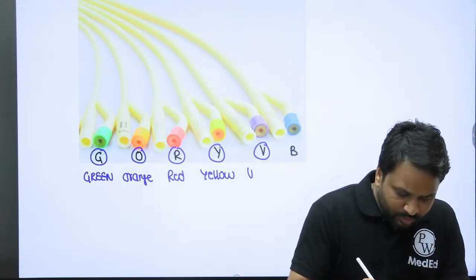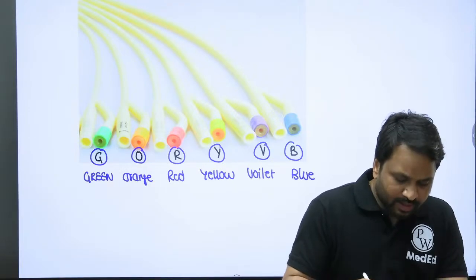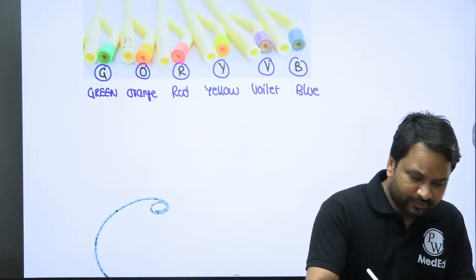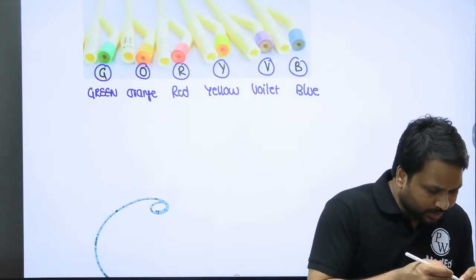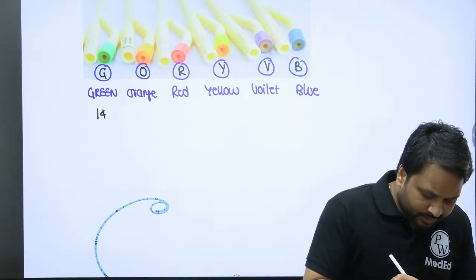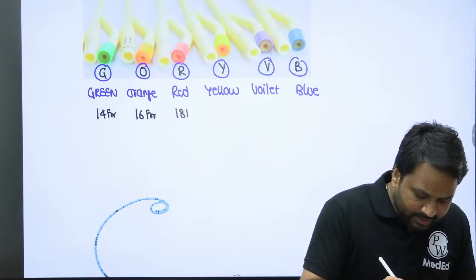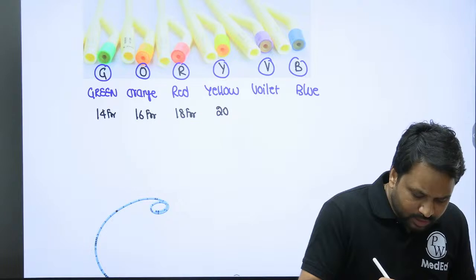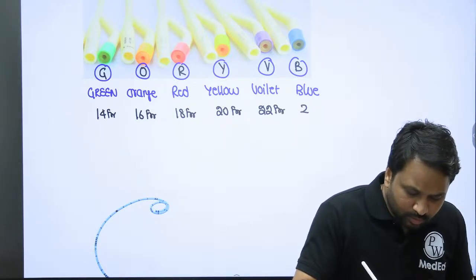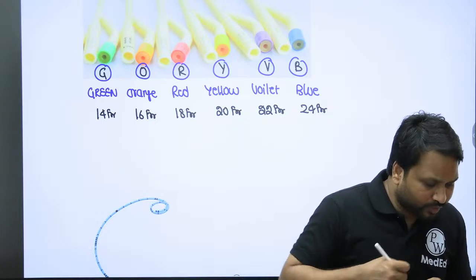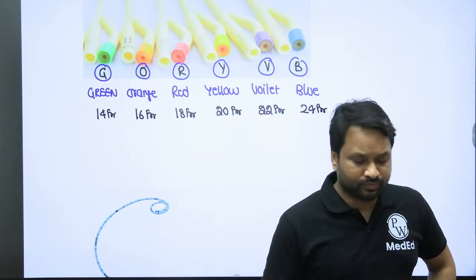V happens to be violet, and B happens to be blue. So look at the size in French that we talk about. Green is going to be 14 French, orange is 16 French, red is 18 French, yellow is 20 French, violet is 22 French, blue is going to be 24 French. So blue is going to be 24 French, right?